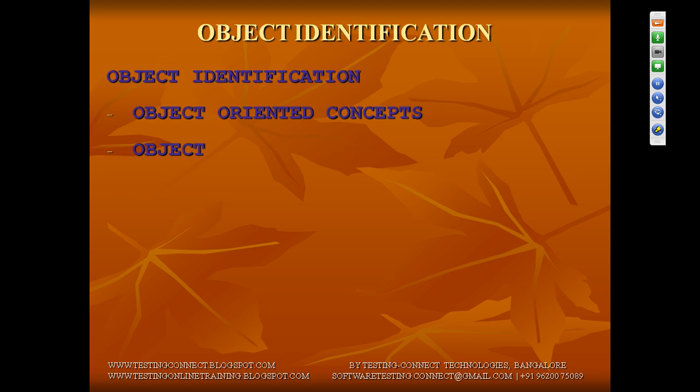Any object, like a tree if you take, should have some properties. Like the name of the tree, color, height. How many leaves, how many branches, something like that you can come across. Exactly, an employee is also one object.